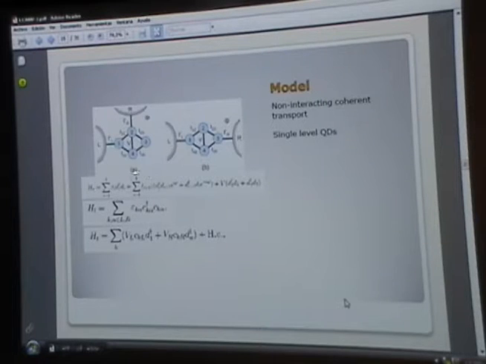Well, the description is basically that the electrons are coherent, the transport is coherent, so the electron doesn't lose coherence due to, for example, interaction with the vibrational degrees of freedom. So basically there are no effects due to temperature.